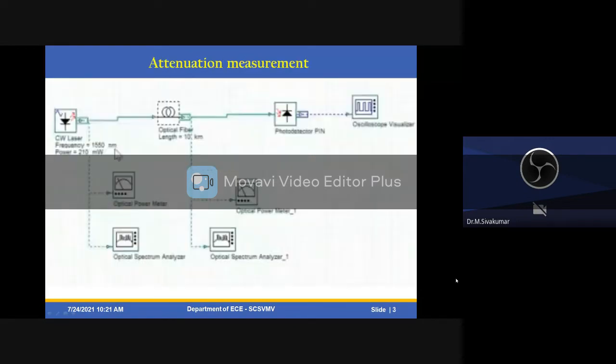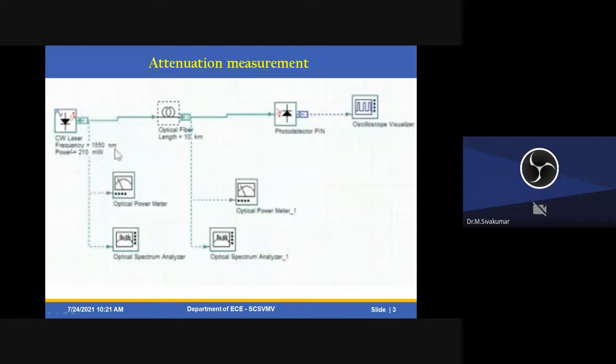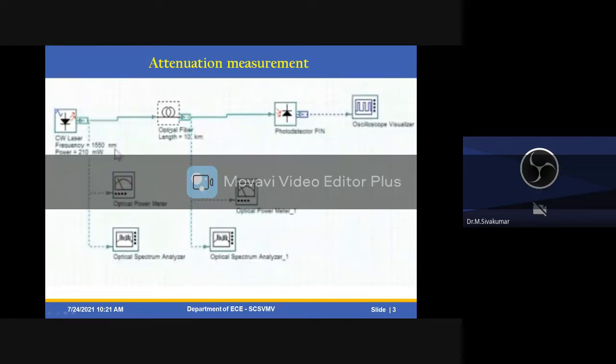Okay, here this is the snapshot of this attenuation measurement. Just drag and drop the CW laser. You set the wavelength as 1550 nanometer and set the power to 10 milliwatts. Then we'll take one optical fiber cable and set the length.